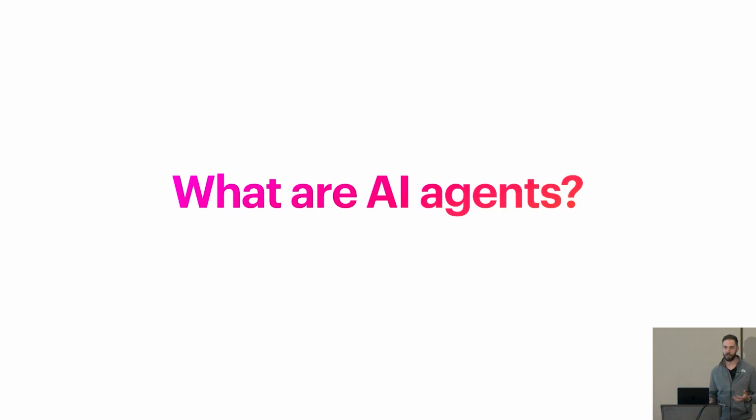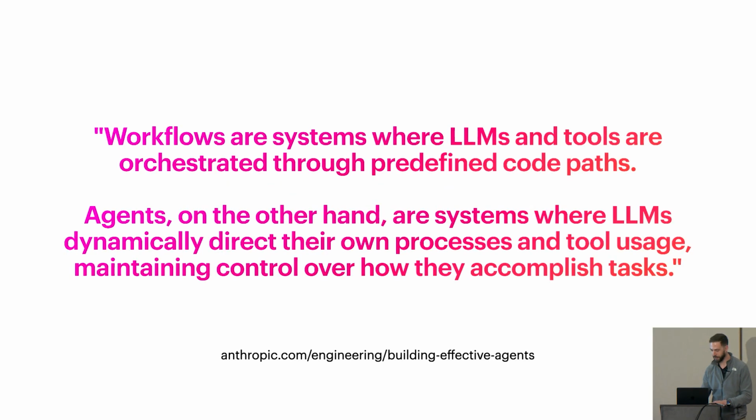Before we get started, let's start with the definition. What are AI agents? There are a lot of competing definitions out there. It's not always entirely clear what's an AI agent and what's not. So I've picked this distinction that Anthropic made in their guide to building effective agents.